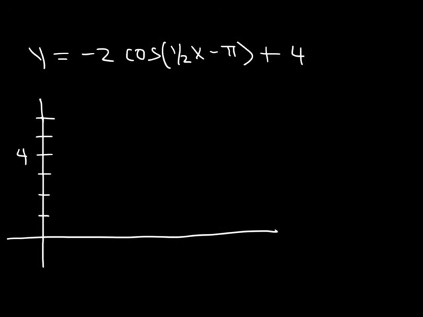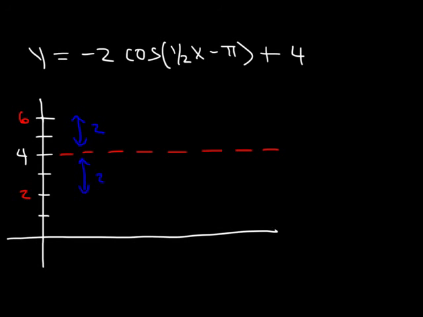So the graph is going to vary from 6 to 2. Plot the vertical shift first, and then add and subtract the amplitude from the center line.